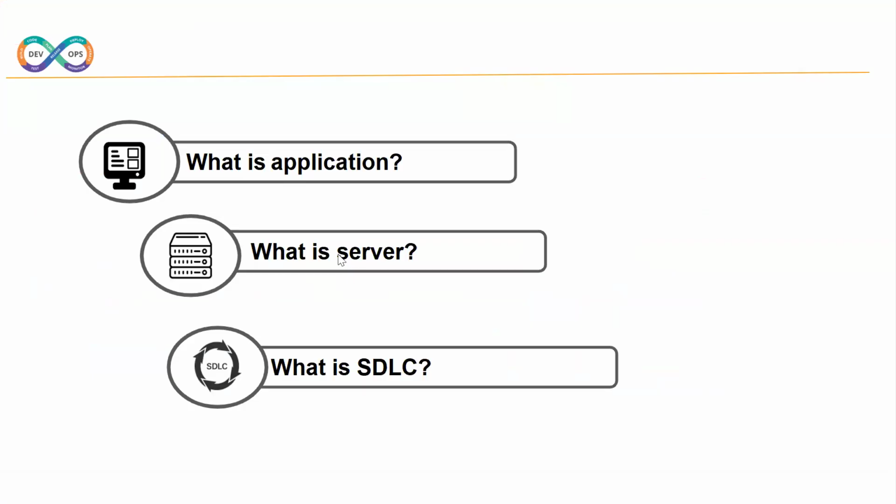But what about a server? A server is just like our laptop. Whichever components are available in your laptop, the same components we are going to use in our server also.